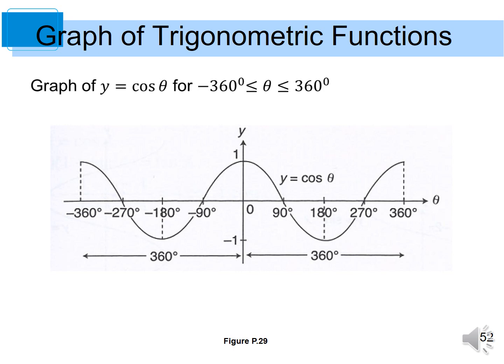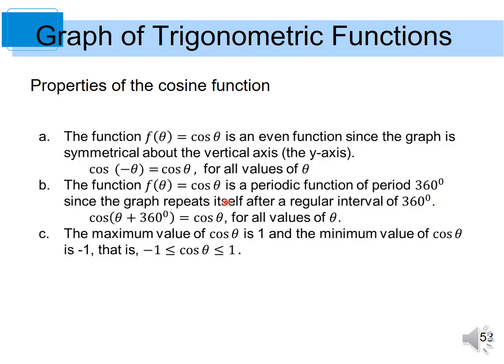Look at the cosine graph, and the properties of the cosine function. The cosine function is an even function since the graph is symmetrical about the vertical axis. So the vertical axis is the y-axis.